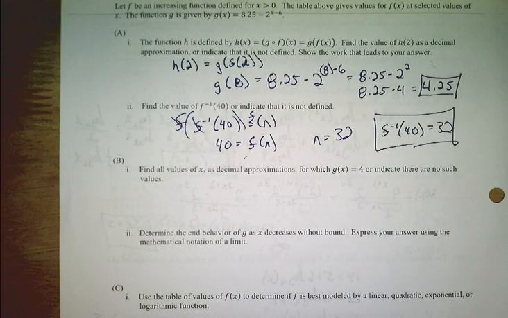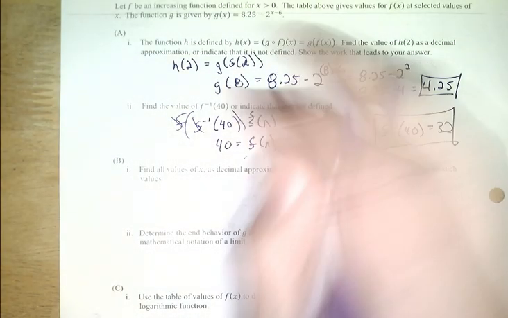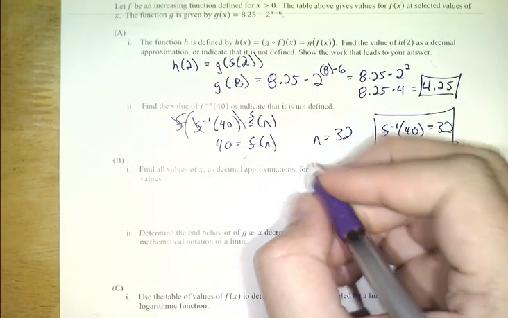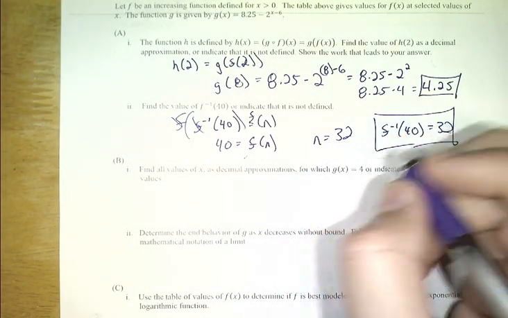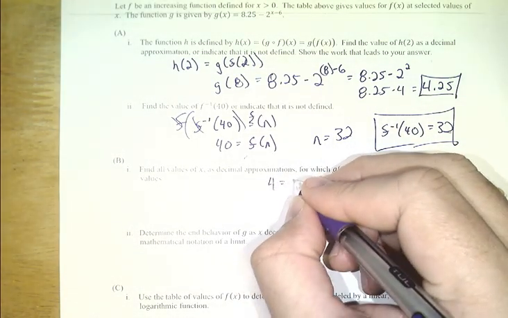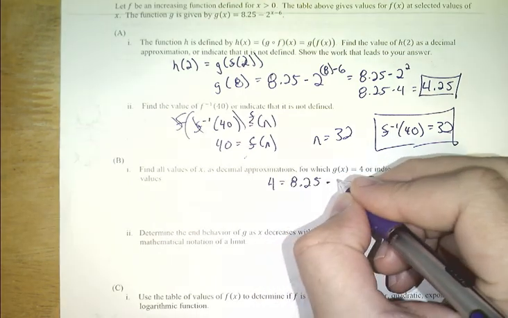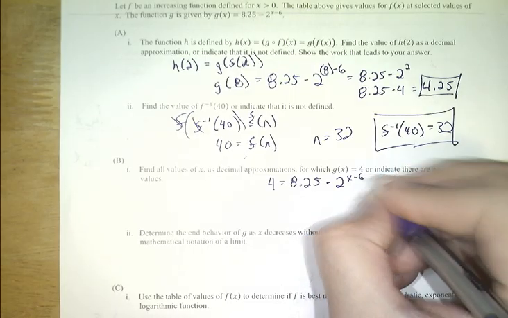Find all values of x as decimal approximations for when g of x equals 4. Okay, so again, we're given g of x, so g of x is the function, is the expression. So I need to know when 4 is equal to 8.25 minus 2 to the x minus 6.